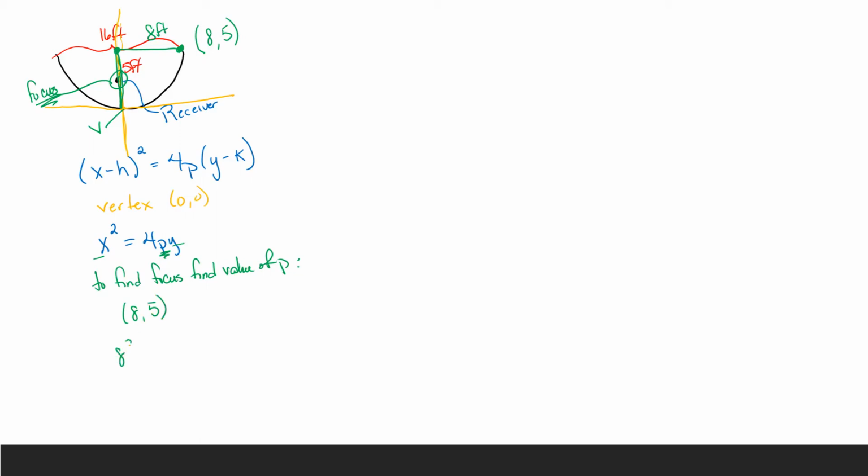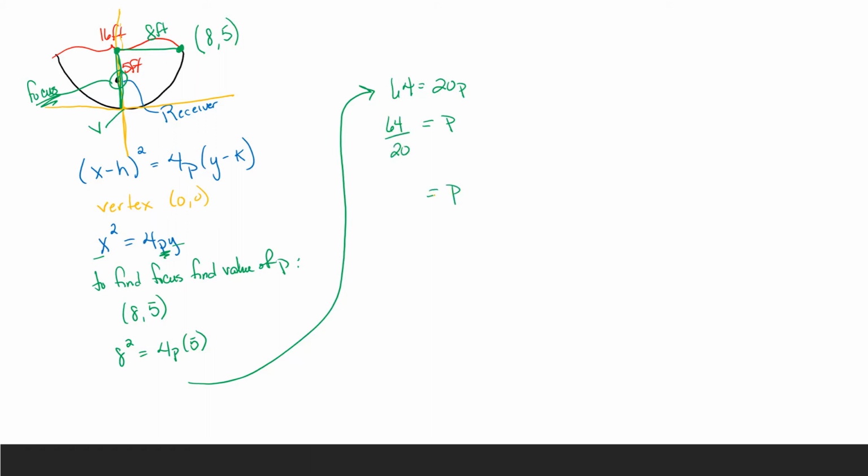And so if I plug in the point 8,5, and I'm going to bring this up over here so I have more room, I end up with P equaling 64 over 20, which means P would equal, let's just reduce the fraction, 16 fifths. Got it?